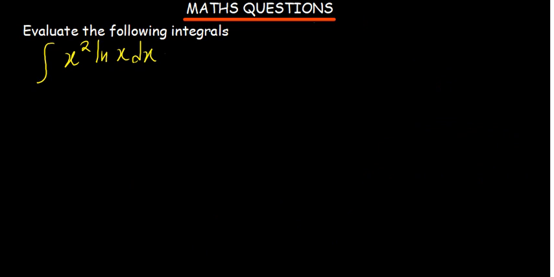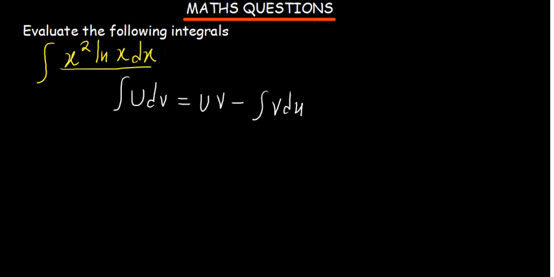So we are saying the integral of u dv is going to be equal to uv minus the integral of v du. Now here you need to find u. Just from the one you've been given here, with one term and the other one, you need to know that one is going to be u and the other one is going to be dv.